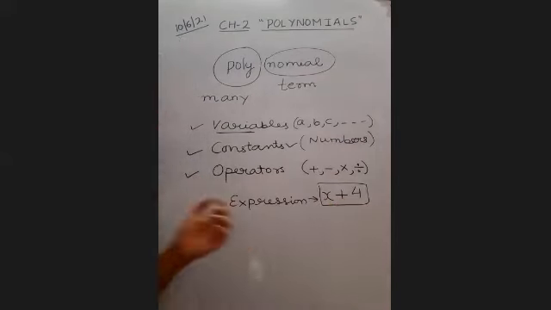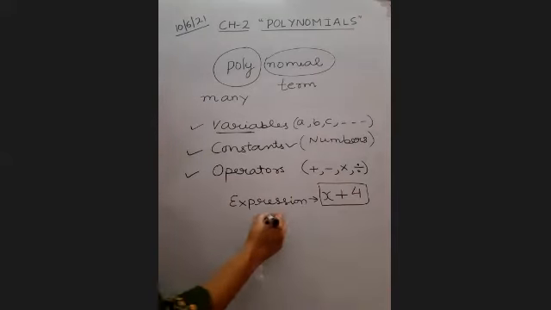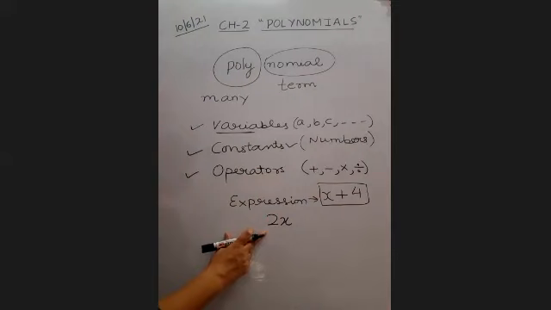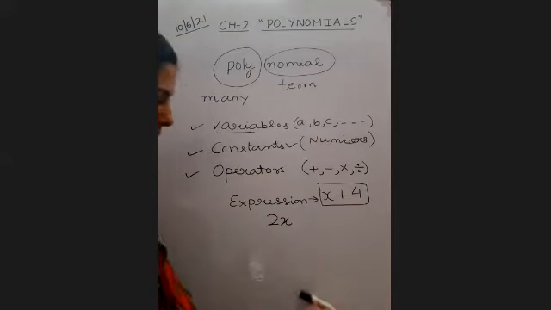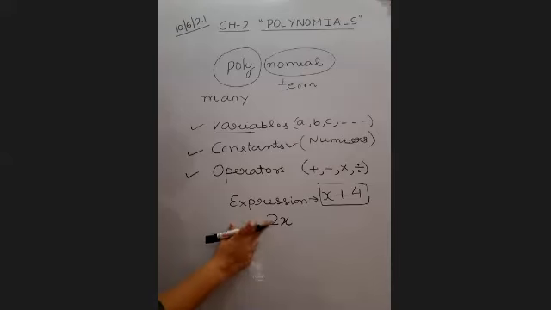And if I say 2x, beta, what does it represent? What does it express to you? 2 is multiplied by x. Or we can say double of a number, twice of a number, right?